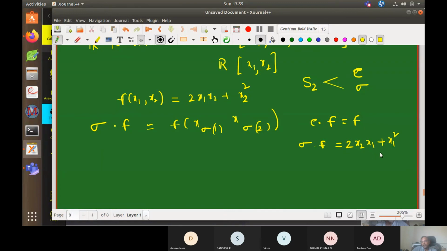So now this is not a symmetric polynomial. A polynomial is said to be a symmetric polynomial if it is fixed under each and every element of S2. So my polynomial is f of x1, x2 equal to x1x2 only. Then what happens?